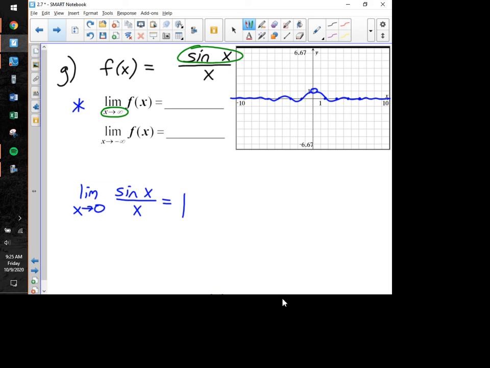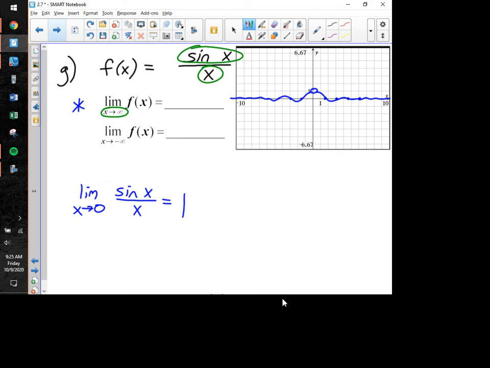The denominator, on the other hand, increases without bound. So as x approaches infinity, we're dealing with a numerator that always stays relatively small in terms of its absolute value, and a denominator that gets huge. What does that do to the value of our fraction?